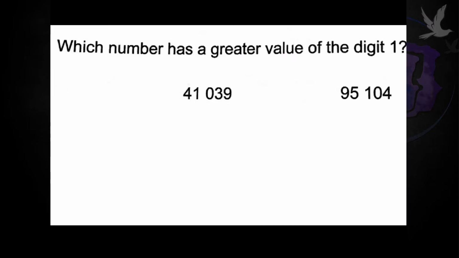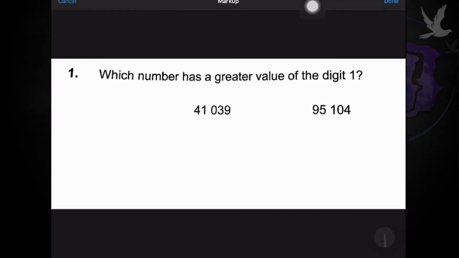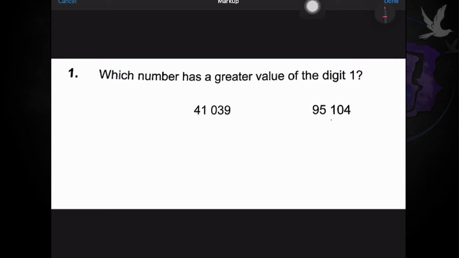Okay, see this? This is one of the given examples there. It says, which number has a greater value of the digit 1? So if you notice the digit 1, you have to identify where they are placed. This one and this one.